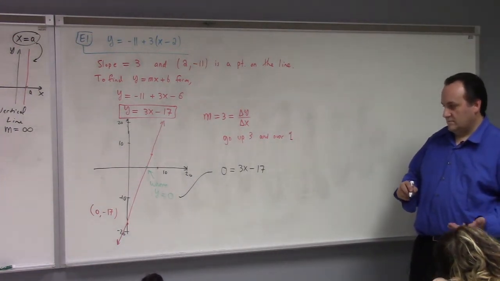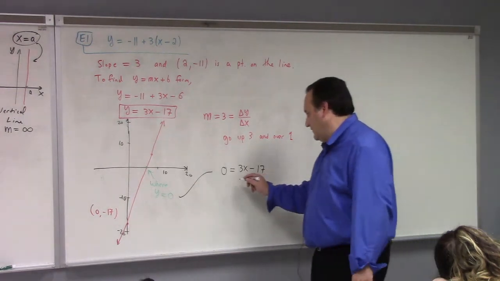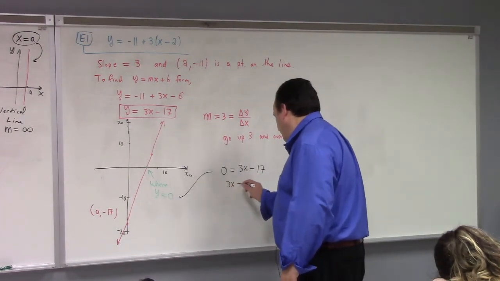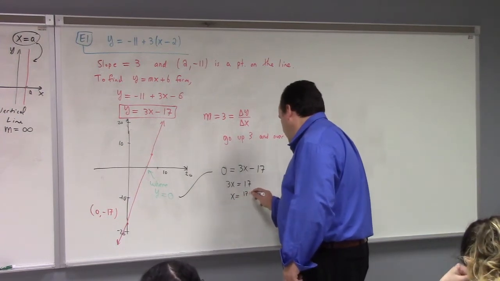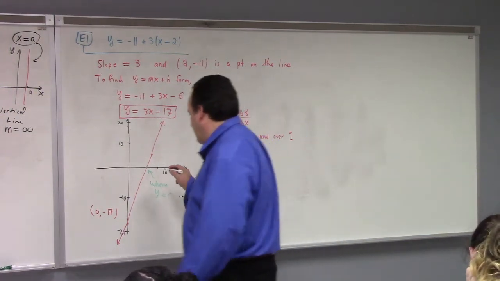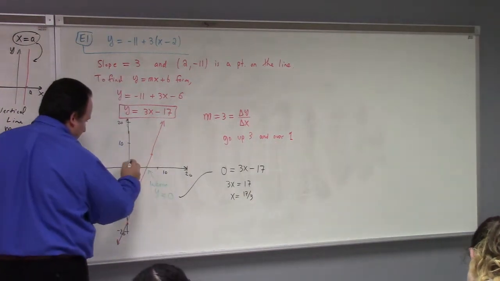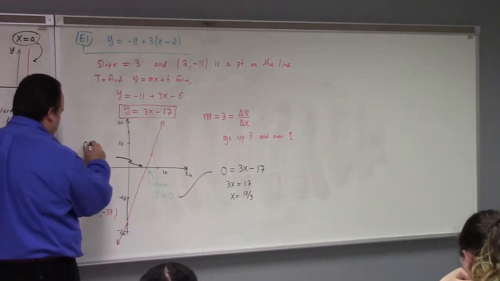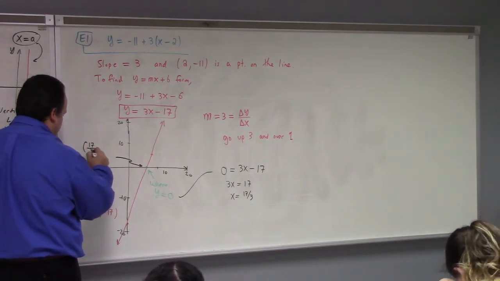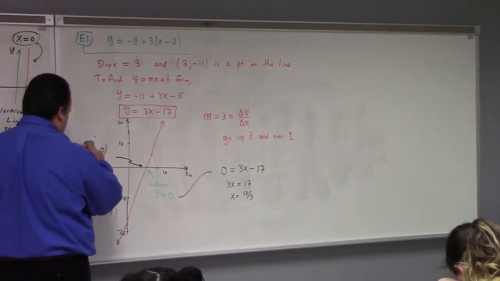So we get 3x equals 17. Apparently x is equal to 17 over 3. To be specific, this point right here is 17 over 3, comma 0. That's the x-intercept.